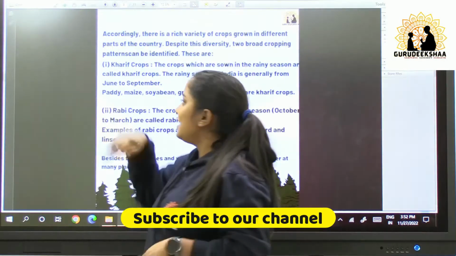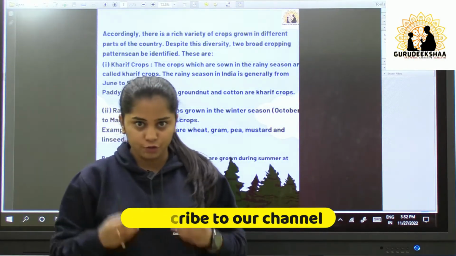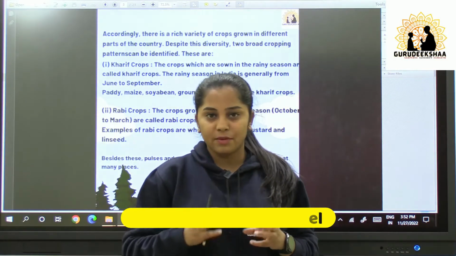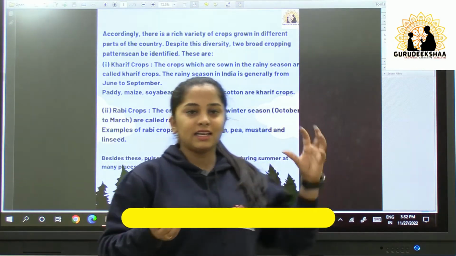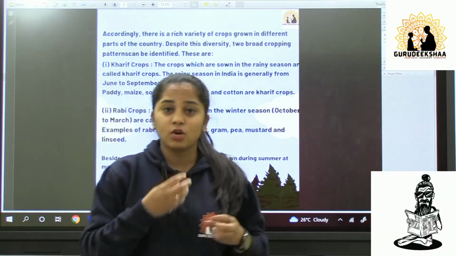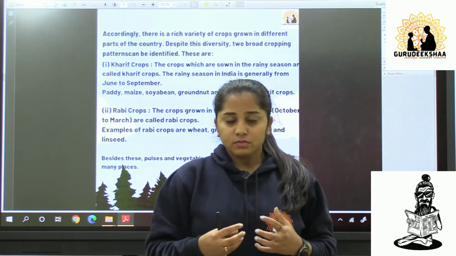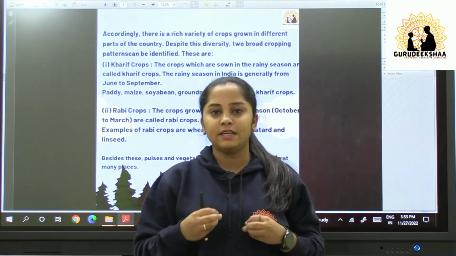Coming to the next, we have different kinds of crops grown in different places, right? For example, in Kashmir, apples are grown more. In Karnataka, rice, ragi or sugarcane is grown more. So the diversity of crops in different places is very different.